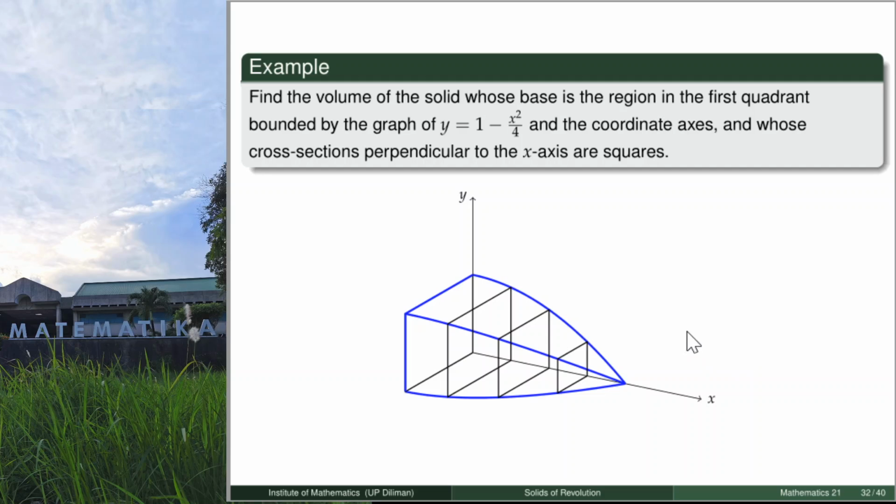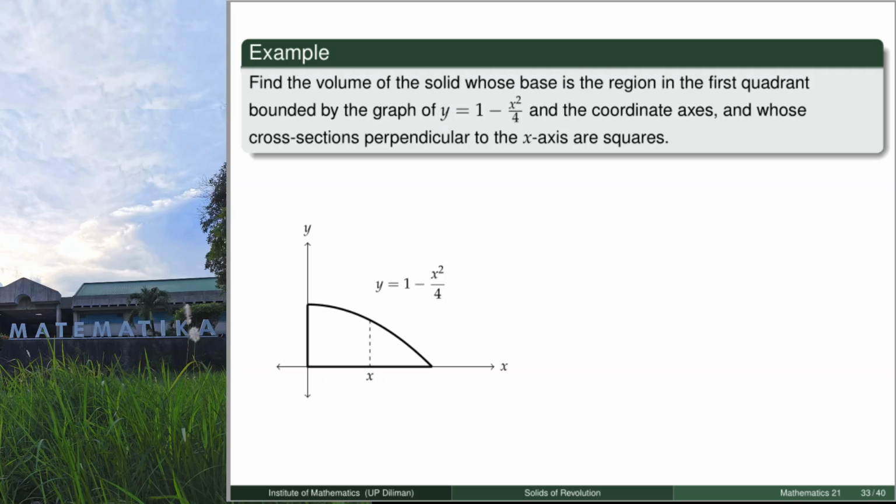Next, what is the interval in the x-axis covered by the region? To answer this, it will be helpful to draw the base of the solid, which is said to be in the first quadrant. So let's draw that like this. Here is the drawing of the base of the solid together with the important points. Remember these points, (0, 1) and (2, 0).